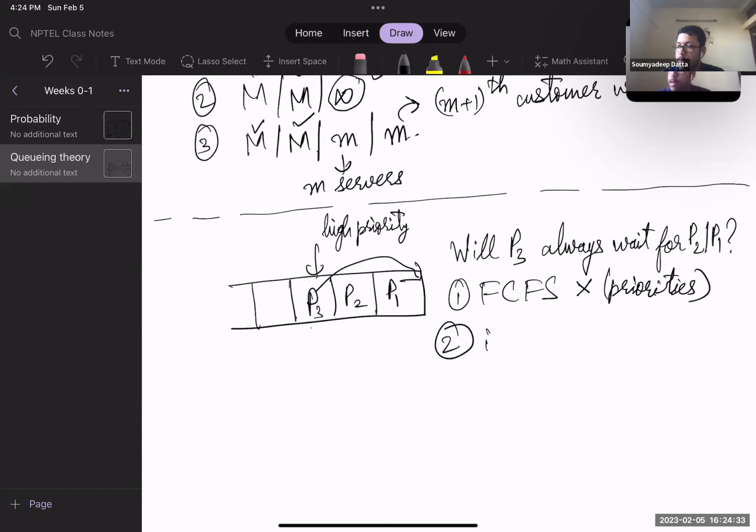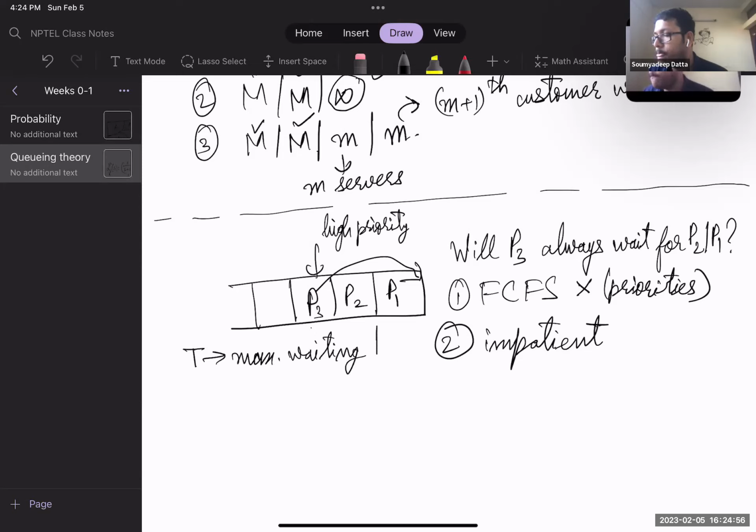Secondly, impatient customers, right? We can have this customer who, let's say, has some kind of constraint on time. Let's say capital T is the max waiting time for this person, for P3.